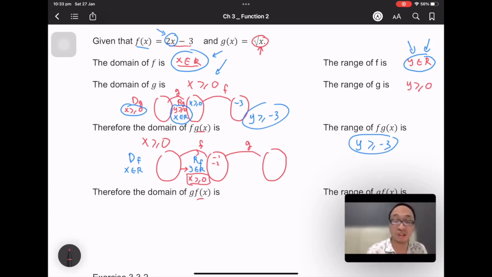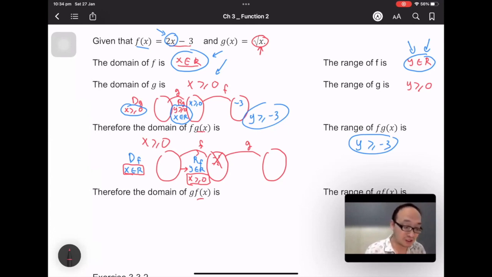So we have to ignore these results. That means we have to limit the domain of f. We have to find the domain of f that fits with the range of f, which becomes the domain of g.